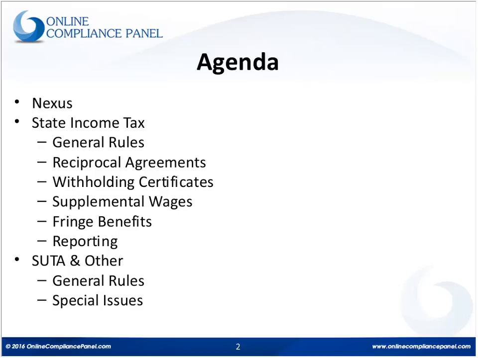Reciprocal agreements, withholding certificates, supplemental wages, fringe benefits, and some other reporting issues. We'll take a look at state unemployment tax, and a new addition that I didn't list specifically on there, but it's under special issues, is paid sick time. And there are some requirements that are coming into play there.